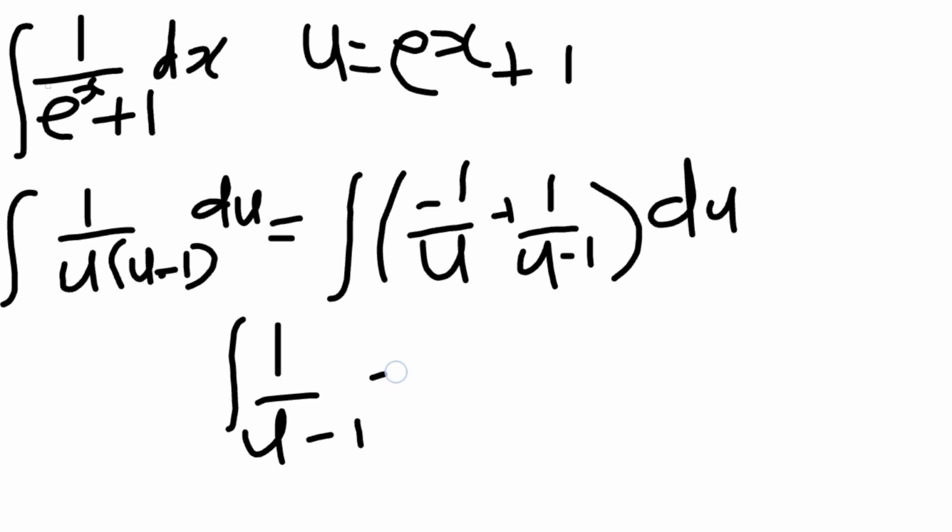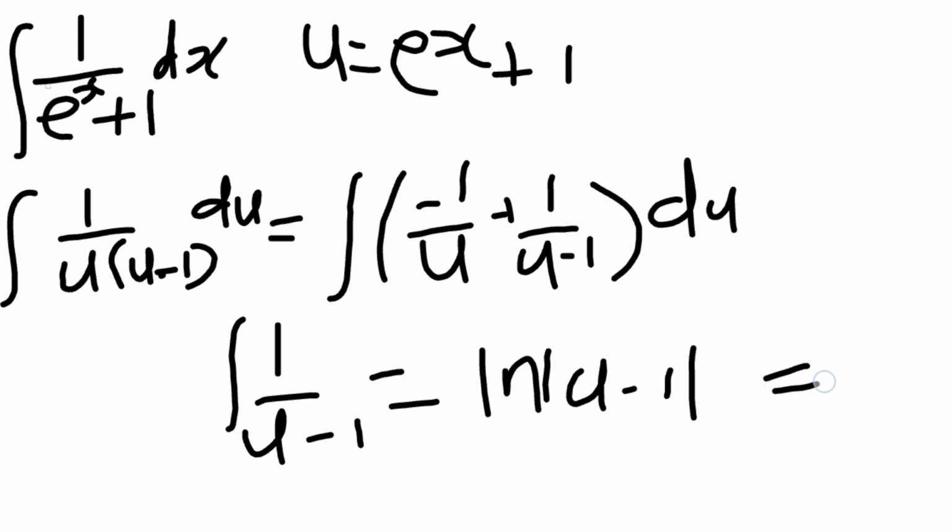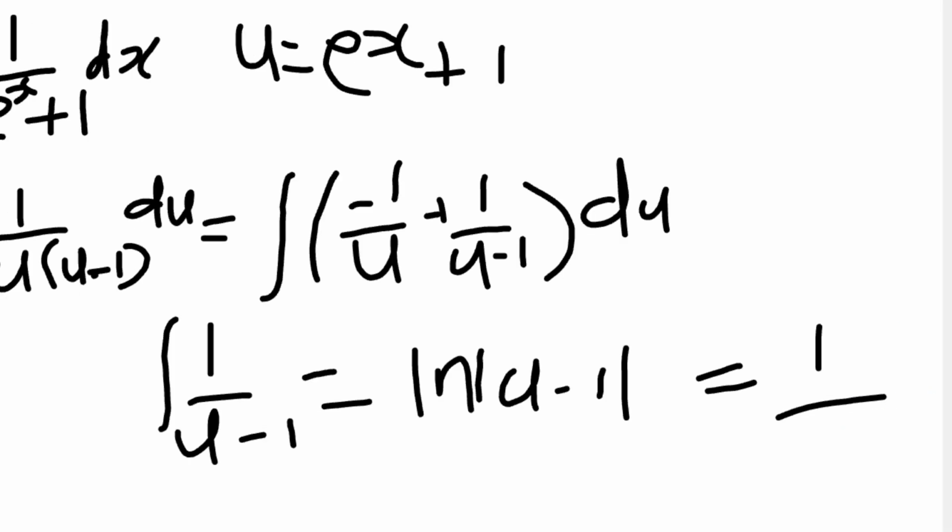We know that the integral of this is also going to be equal to ln of u minus 1, because the derivative of u minus 1 is the derivative of what is actually inside: the derivative of u minus 1 is 0 plus 1, so it's 1 over what is actually inside, which is u minus 1.